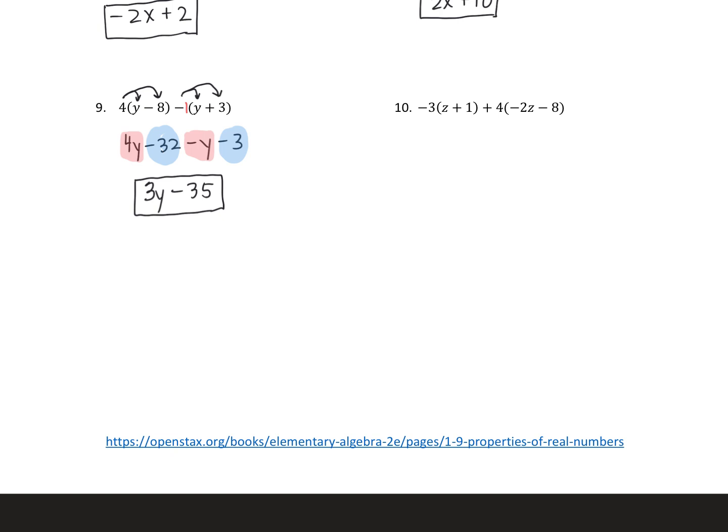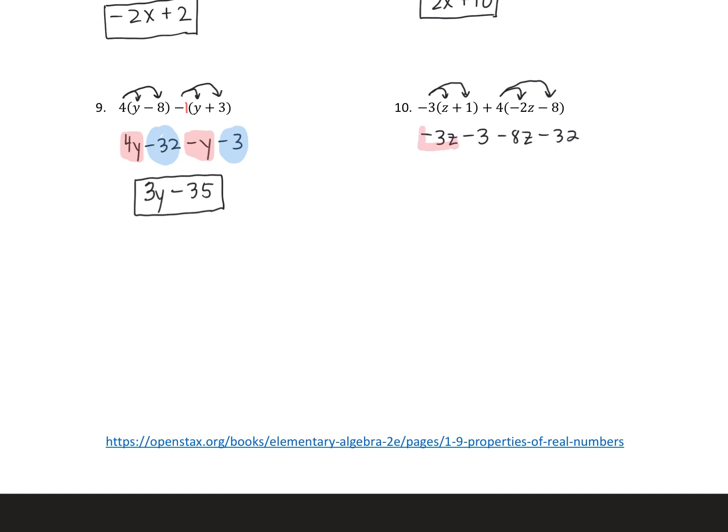Number 10, we're going to distribute the negative 3 first. So negative 3 times z is negative 3z. And negative 3 times 1 is negative 3. Now we'll distribute the 4. 4 times negative 2z is negative 8z. And 4 times negative 8 is negative 32. We'll look for like terms.